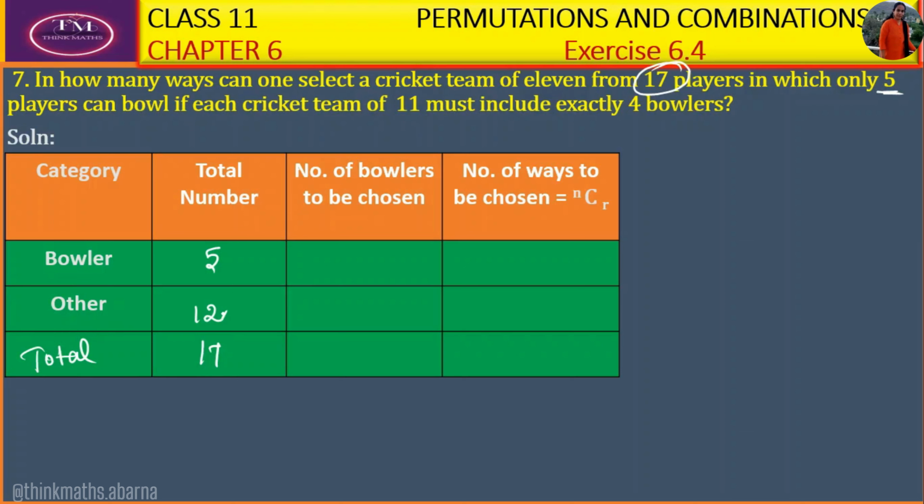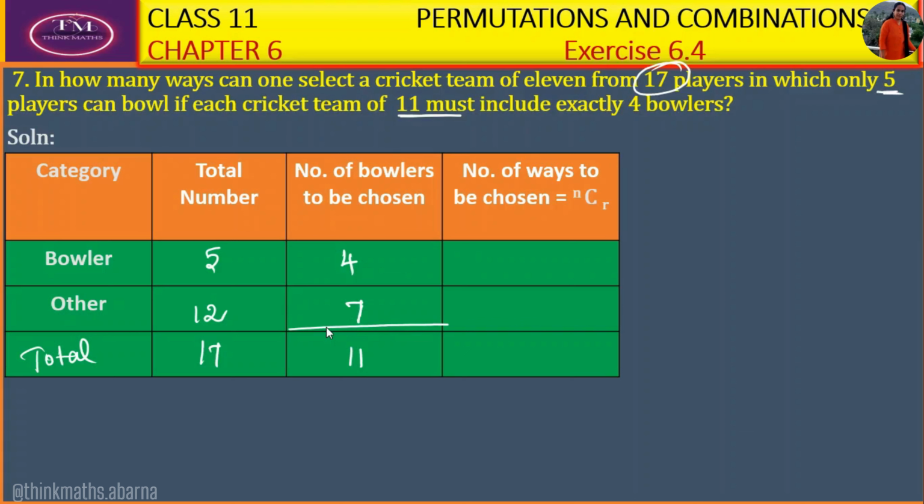It is 12. How many players are to be chosen? We have to choose 11 players. In that, how many are bowlers? 4 should be bowlers. So for the remaining, what is 11 minus 4? Yes, it is 7. So we have to choose 7 other players.